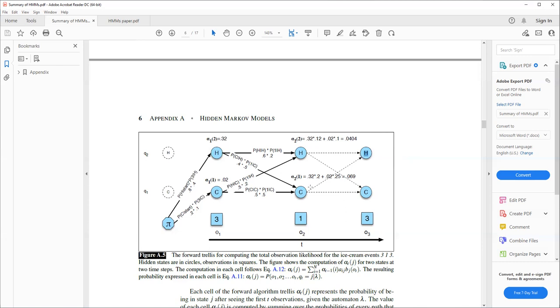If you multiply these three values, you'll get the value for this edge. Now you've got the value for this edge as well as this edge. Add both of them to find the alpha 3 2 value. Similarly, we can find alpha 3 1 by computing the values for this edge and this edge and summing both of them together.